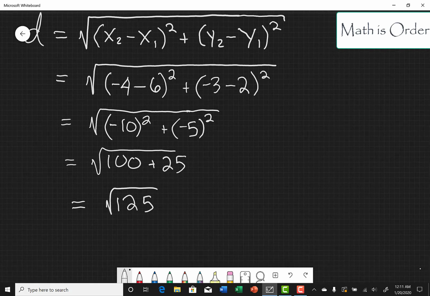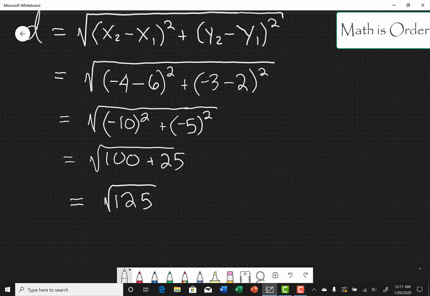All right, now 125 can be simplified a little bit more. 125 is 5 times 5 times 5. So one answer we can get from this is 5 square root of 5, right? This is an exact answer.